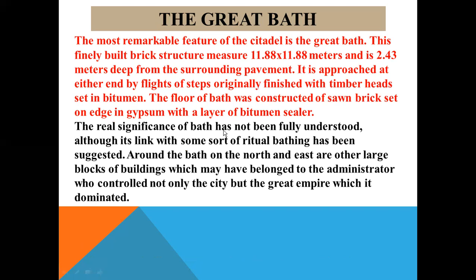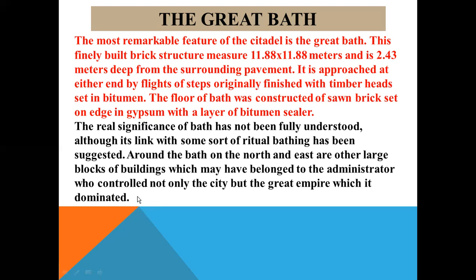The real significance of the bath has not been fully understood, although its link with some sort of ritual bathing has been suggested. Around the bath on the north and east are other large blocks of buildings which may have belonged to the administrators who controlled not only the city but the great empire which it dominated.